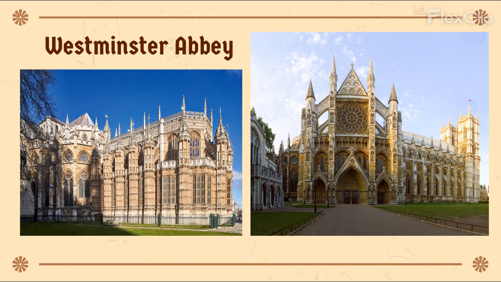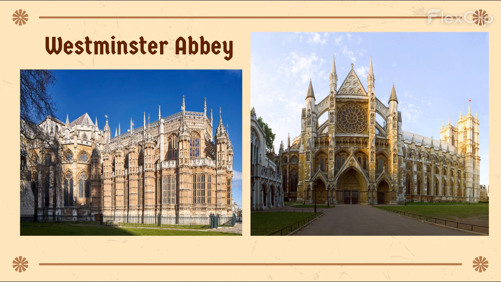The next and my favorite building that I'm talking about is the Westminster Abbey. This building is the site of many of the English country's official ceremonies, such as weddings, funerals, and even the coronation of kings and queens. The church was founded in 1062, but construction didn't begin until 1245, under orders from King Henry III.